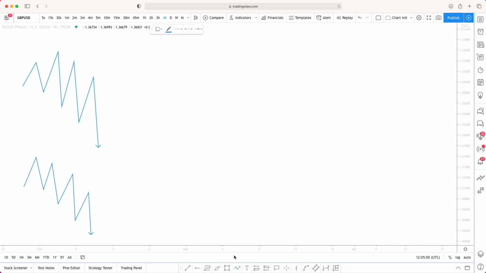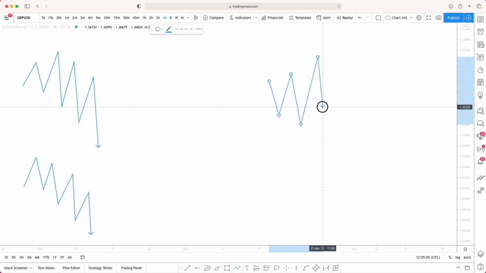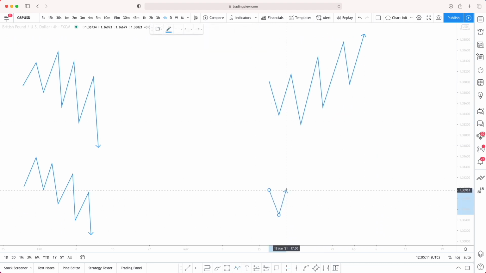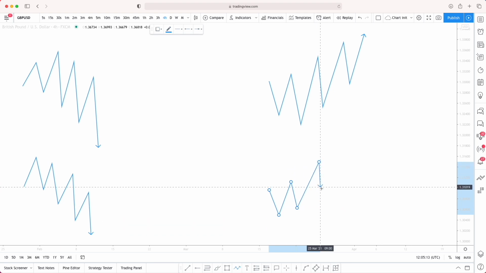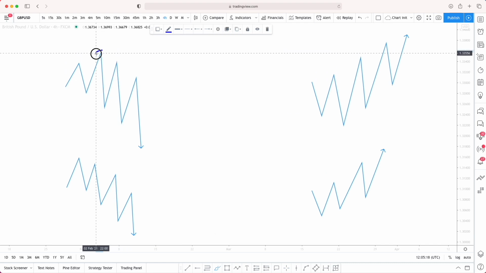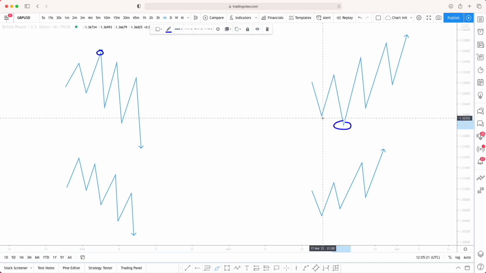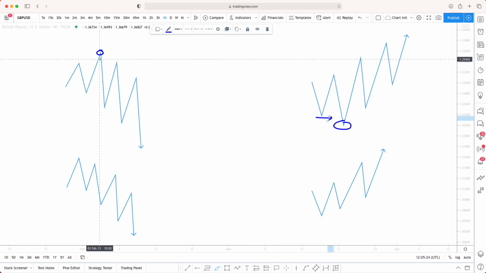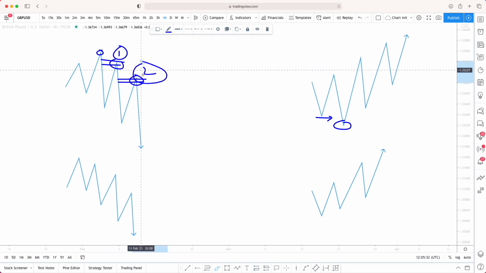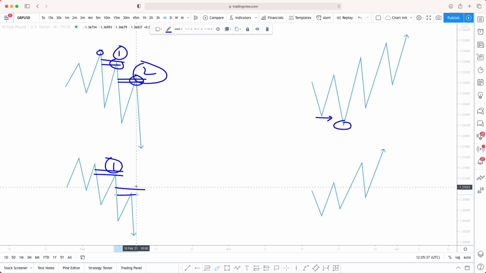For a buy we've got this one, and we've got this one. Remember, the difference is we have a liquidity grab on this one and a liquidity grab on this one, right? So entry number one is here and entry number two is here. Same with here, entry number one is here, entry number two is the next one.